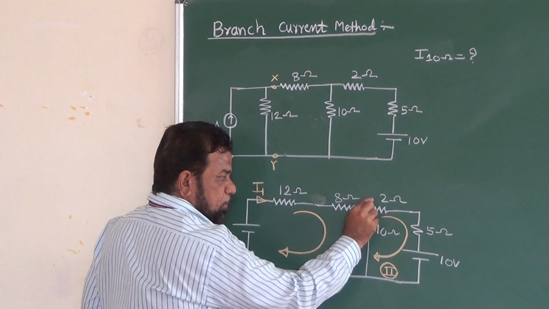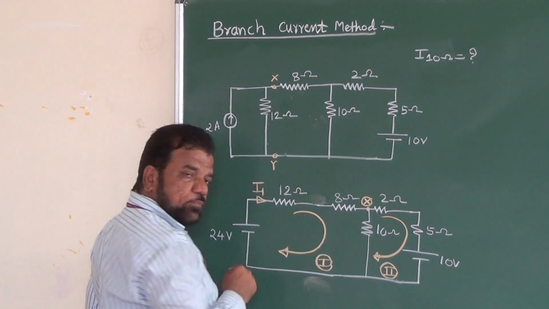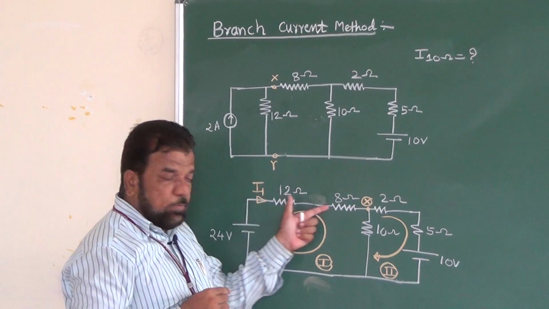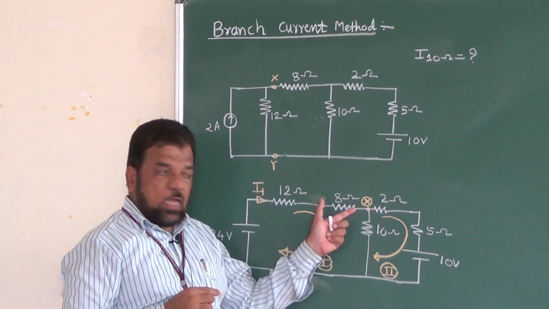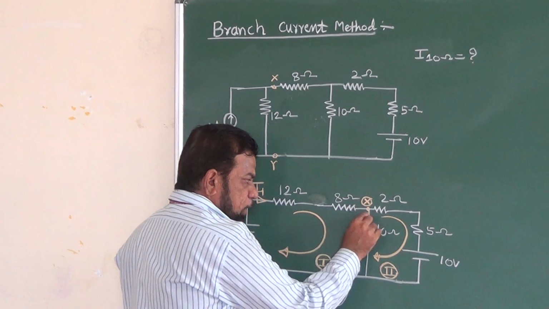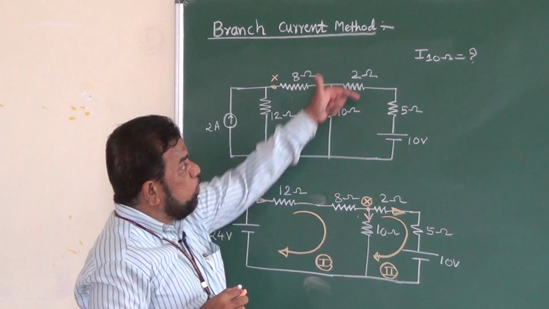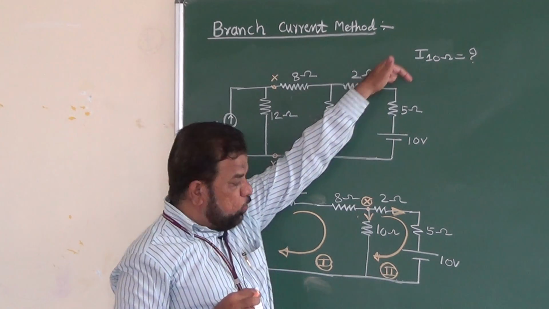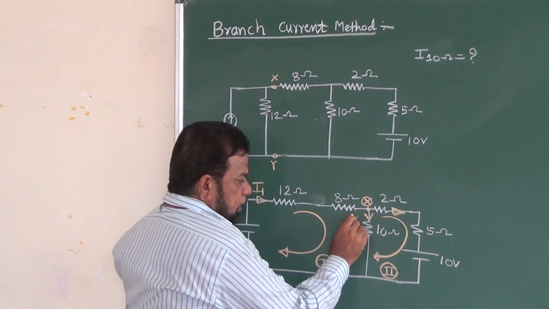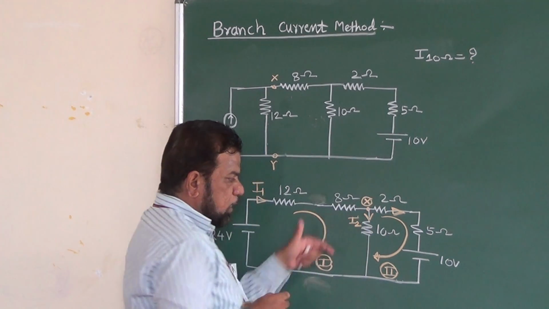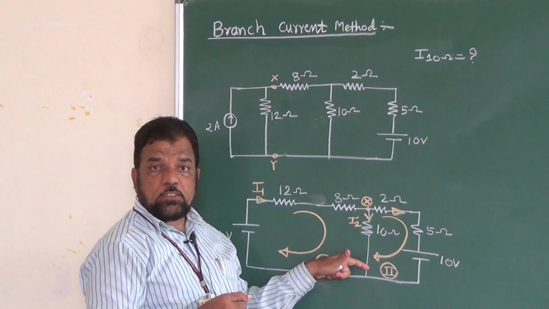Here if I place a node X, then this I1 current is coming up to node X, and afterwards current is flowing here and current is flowing here. Since we have to calculate the current flowing through the 10 ohm, I will assume one variable here, I2. That is, the current flowing through the 10 ohm is I2.